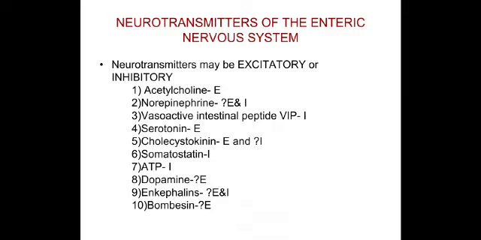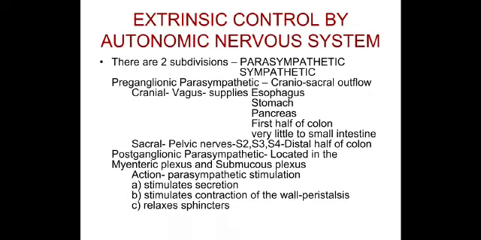The neurotransmitters involved in the enteric nervous system may be excitatory or inhibitory. So E means excitatory, I means inhibitory. Acetylcholine is predominantly excitatory along with serotonin, and most of them can have dual actions, inhibitory and excitatory.